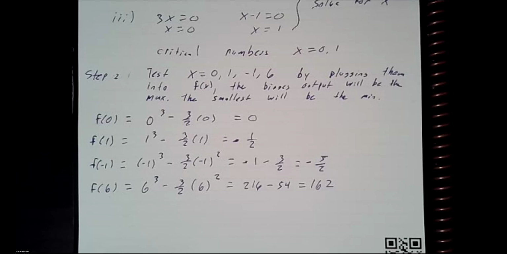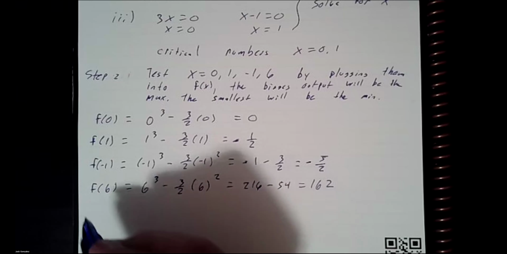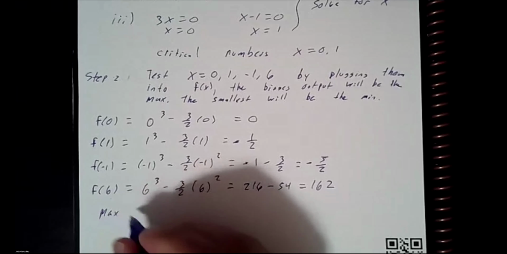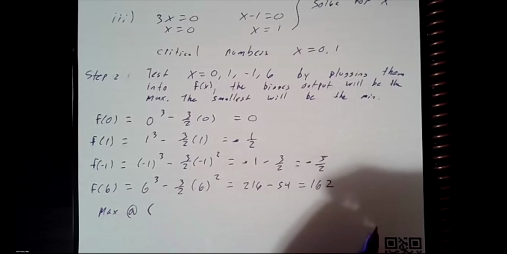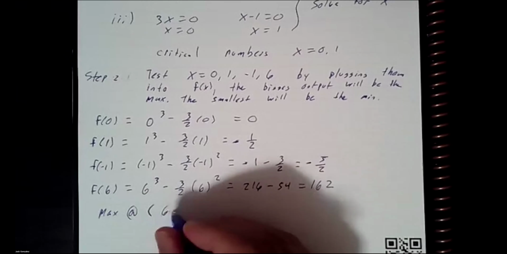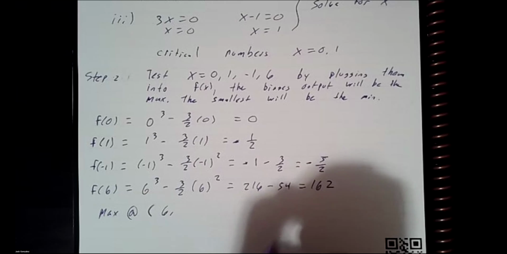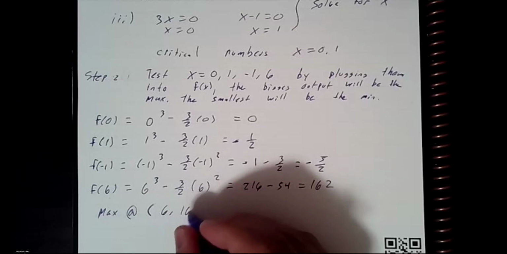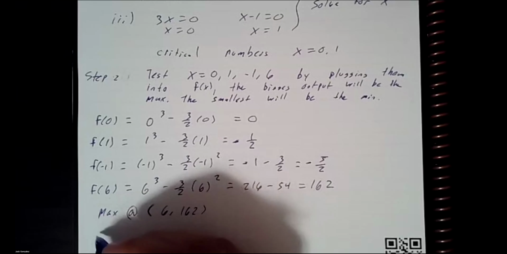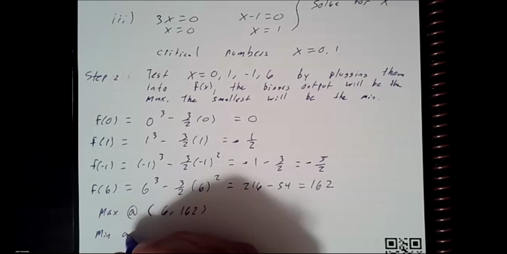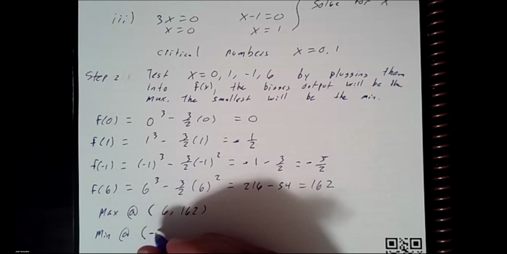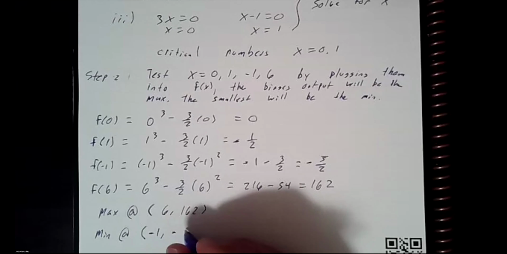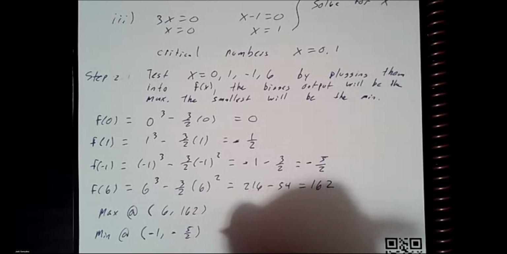Excuse me. And if they ask for the point, you'll have to plug it in, but I'm just going to go ahead and give it to you, save some time. So maximum at 6 comma 162. Well, actually, I already did it. Minimum at -1, -5 halves.